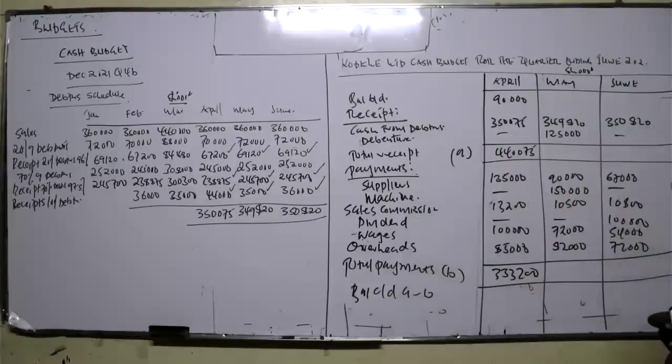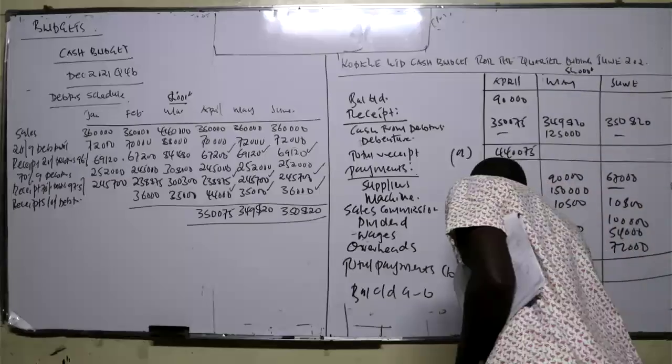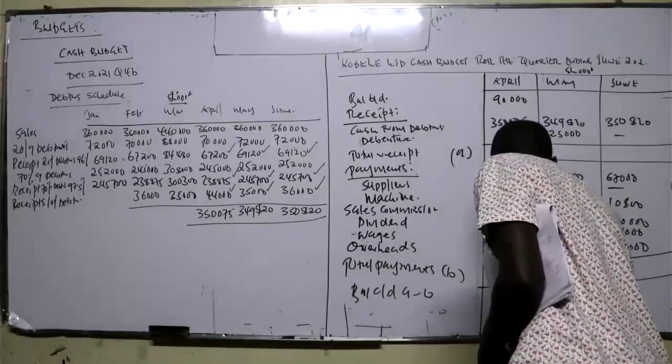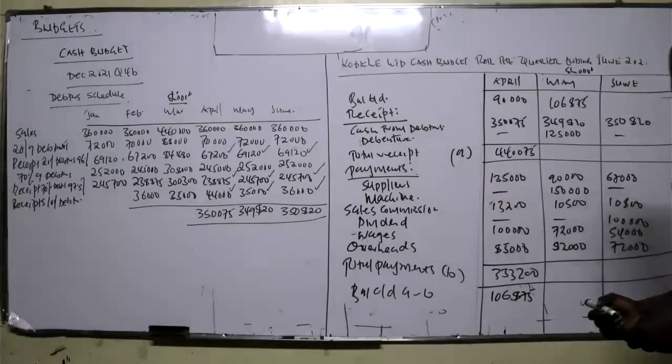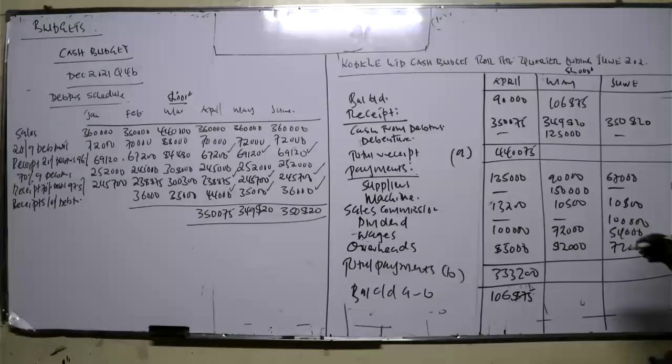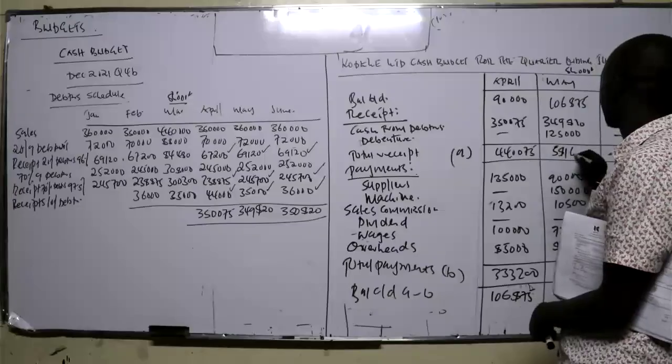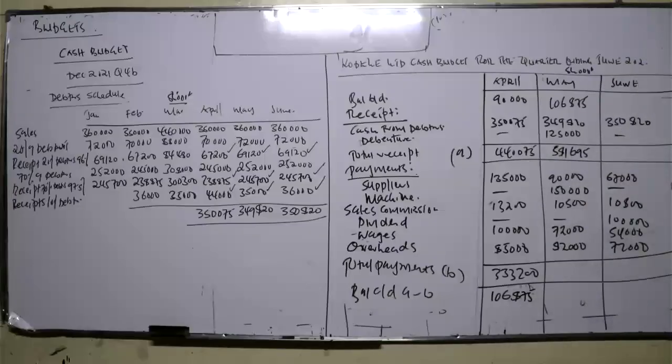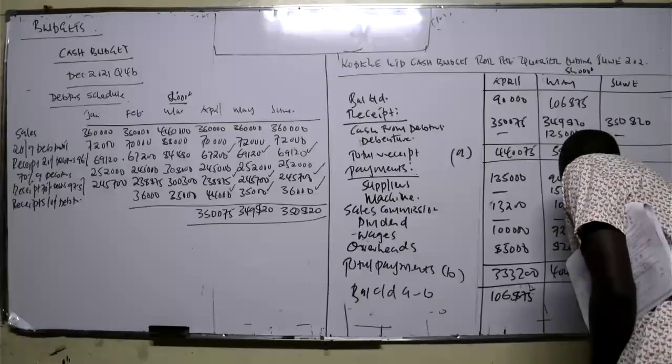The balance carried down, 106,875. Then 581,690. Then 404,500.